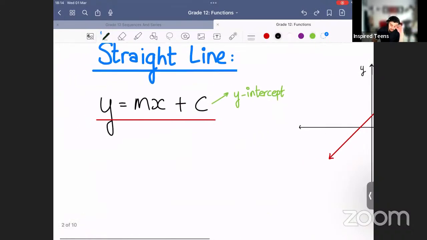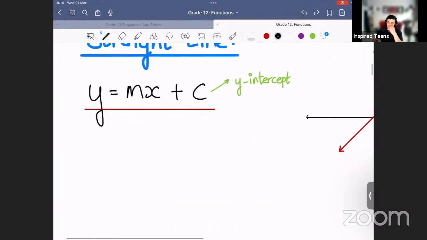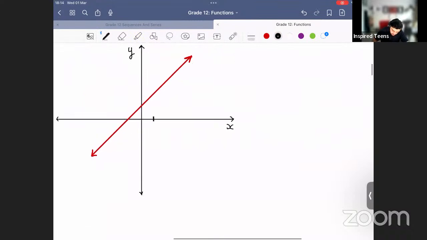Now, we learn its coordinates as well. So x and y are coordinates that you plot on a graph. For example, in our Cartesian plane, we have 1, 2, 3. So plotting coordinates, you're going to plot a y value and an x value. So you're going to plot, for example, 2 and 3. It creates a coordinate here.